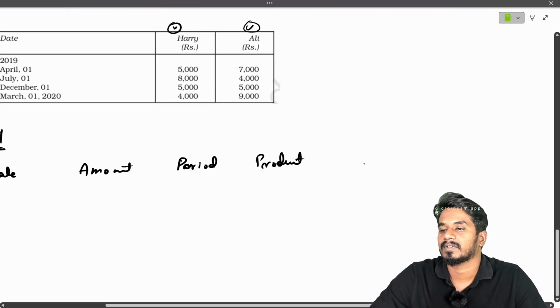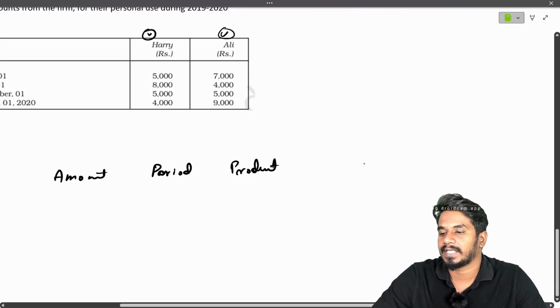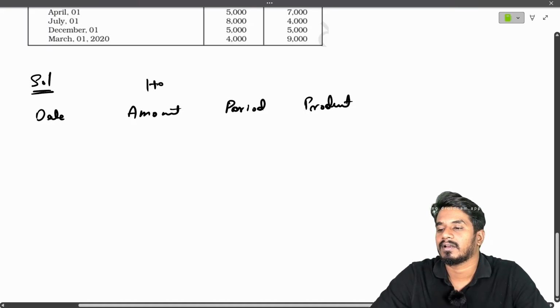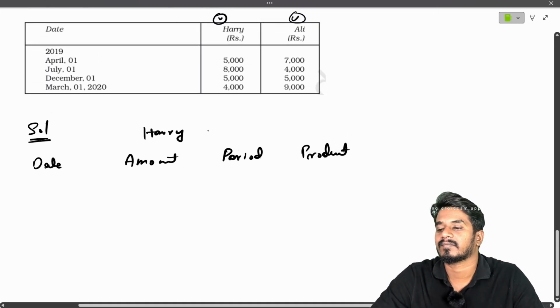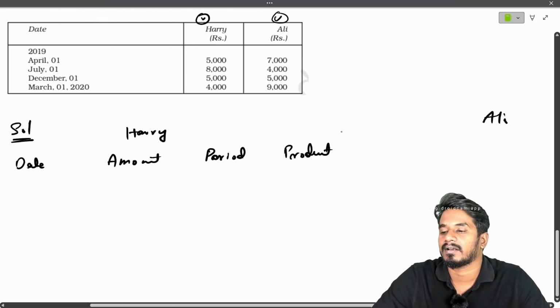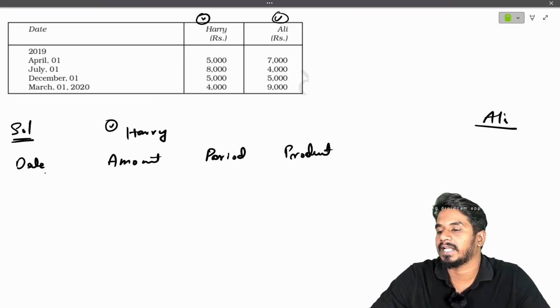Right. So the same period will apply for both the partners. So what we can do? We'll calculate only one period. So this is for Harry. And again, we'll calculate for Ali. So date is not required for Ali because already we have dates here, and the period is also not required.